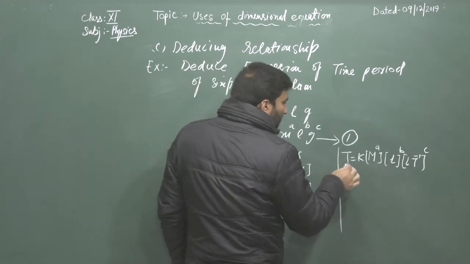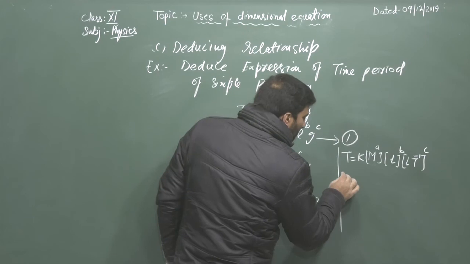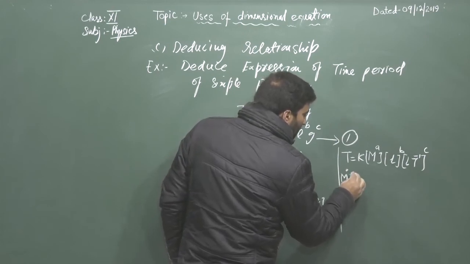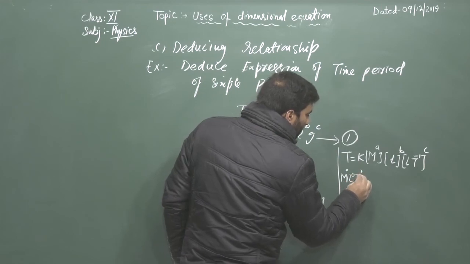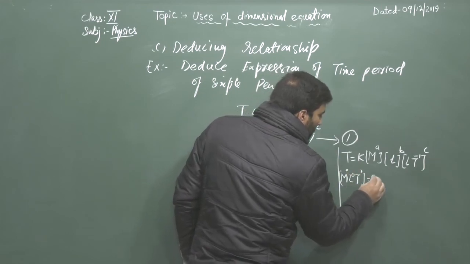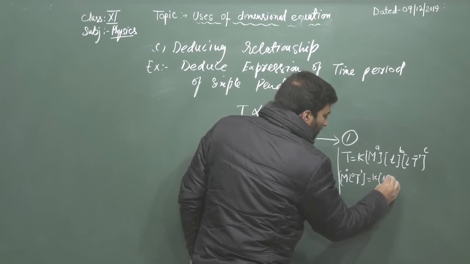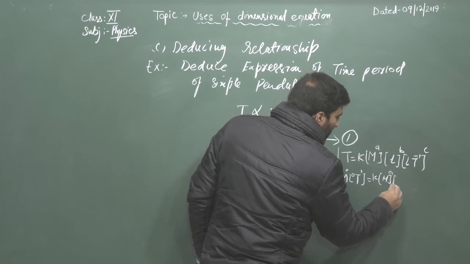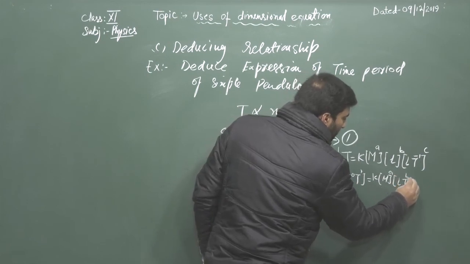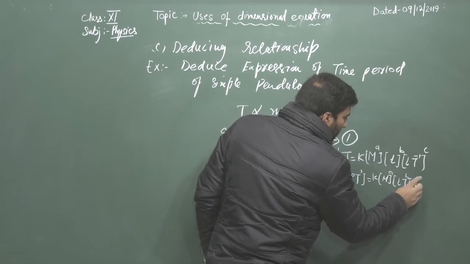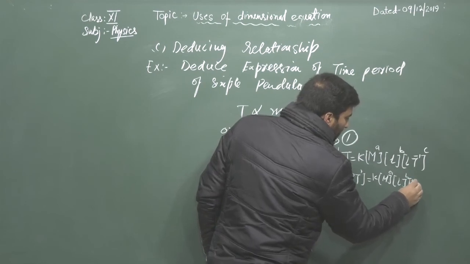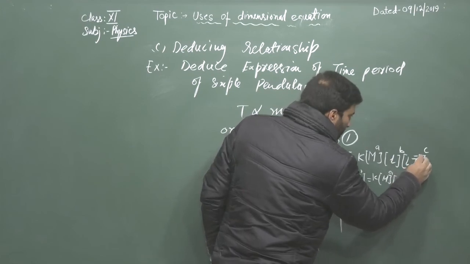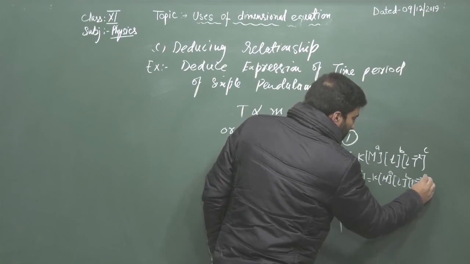Now the dimensions of the LHS, we can write as M^0 L^0 T^1, which equals K M^a L^b (L T^-2)^c.